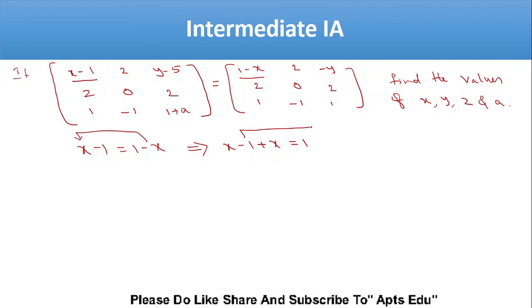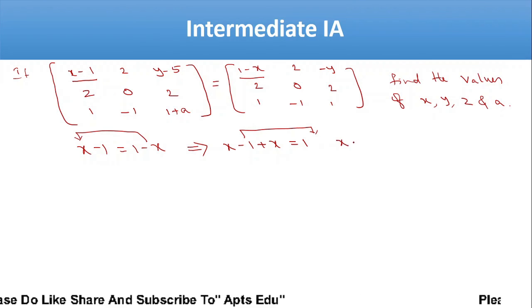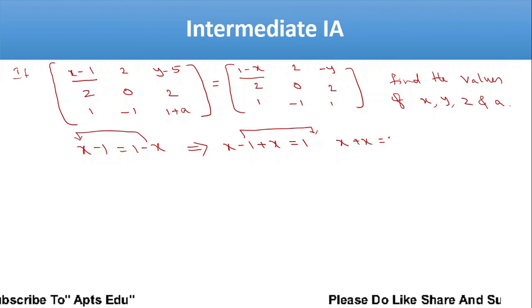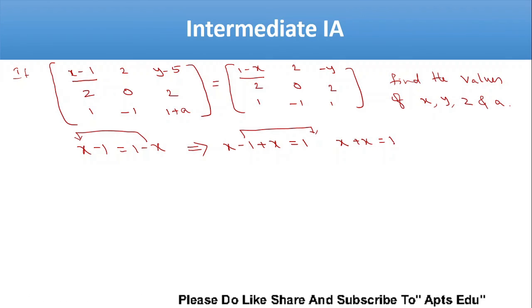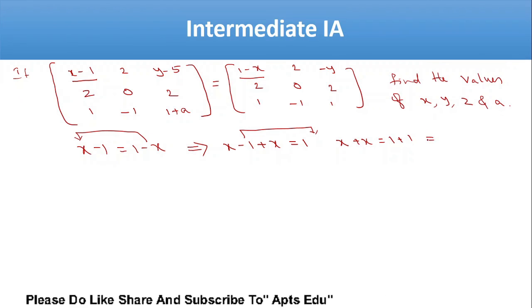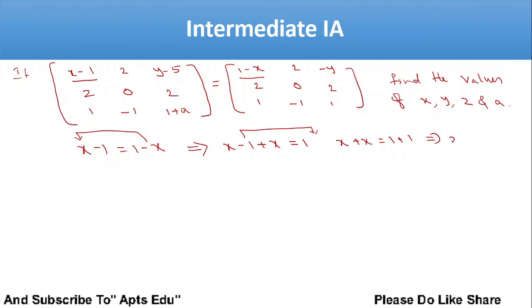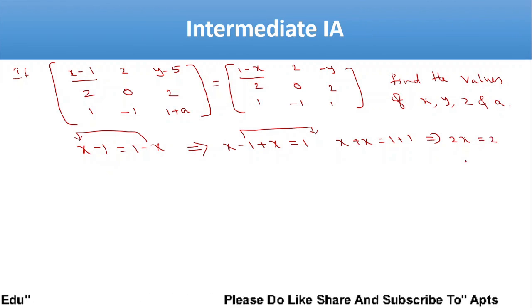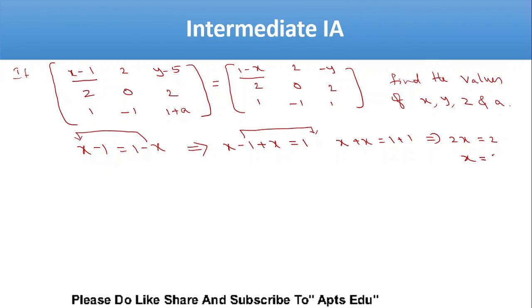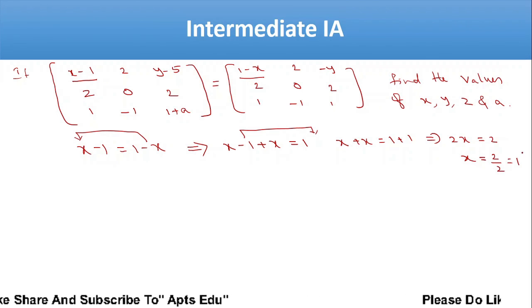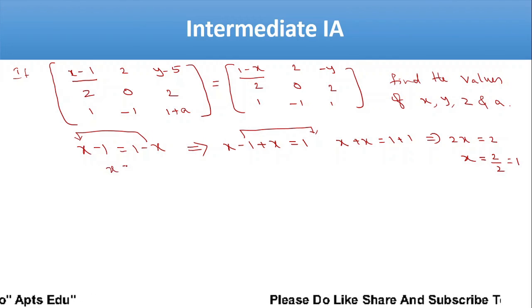If I bring this minus 1 to this side, x plus x equal to 1 plus 1. So 2x equal to 2, and x equals 2 by 2, which is 1. So the value of x is 1.